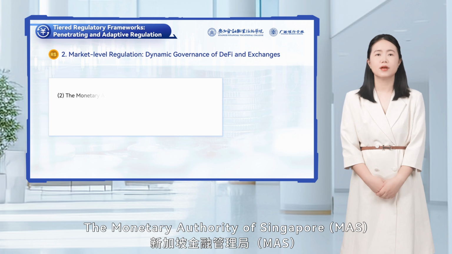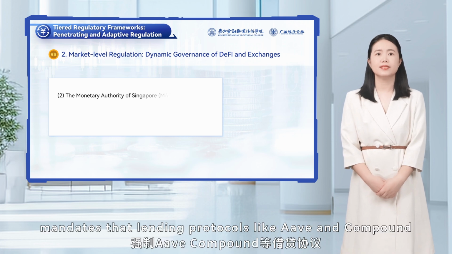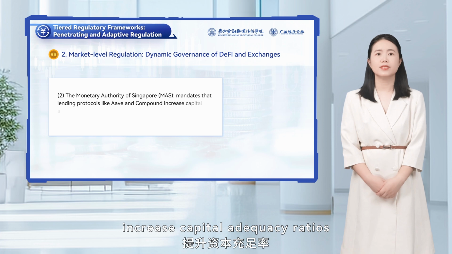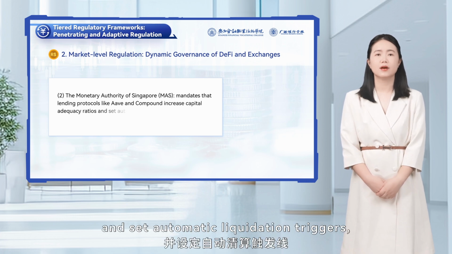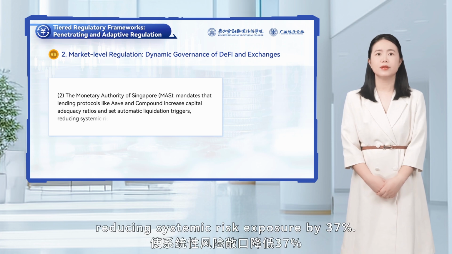The Monetary Authority of Singapore mandates that lending protocols like AAVE and Compound increase capital adequacy ratios and set automatic liquidation triggers, reducing systemic risk exposure by 37%.